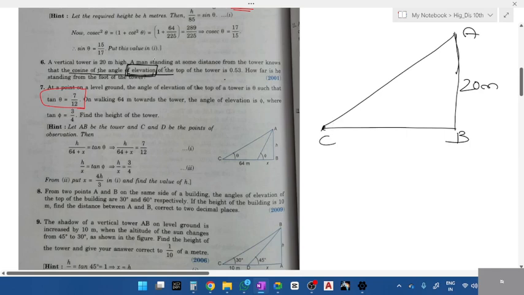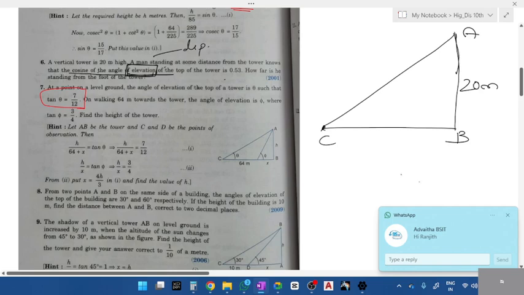See, even if depression is given, what do we take, students? Even if depression is given, we take elevation, right? Remember that. Even if the word depression is given, take it as elevation. Okay, what is angle C?